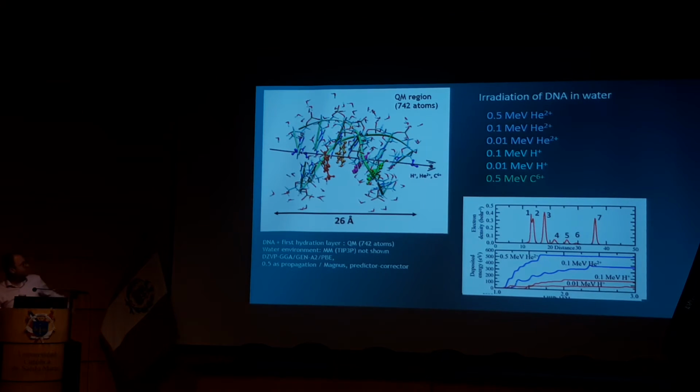But I will go fast and instead show you this showcase simulation for us, which is the irradiation of this big DNA double strand. We wanted to see what the difference was of irradiating the DNA with different irradiation conditions: either alpha particles that have +2 charge, protons +1 charge, or carbon ions +6 charge.